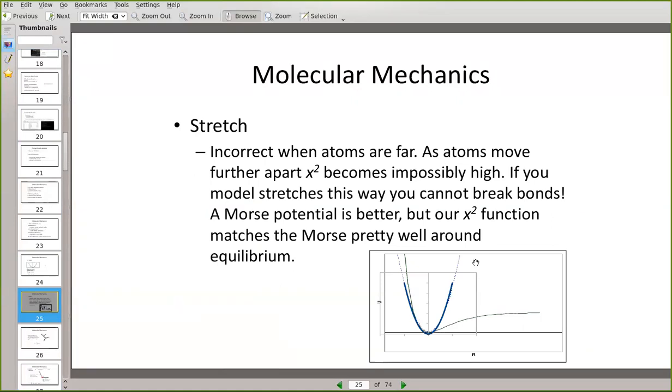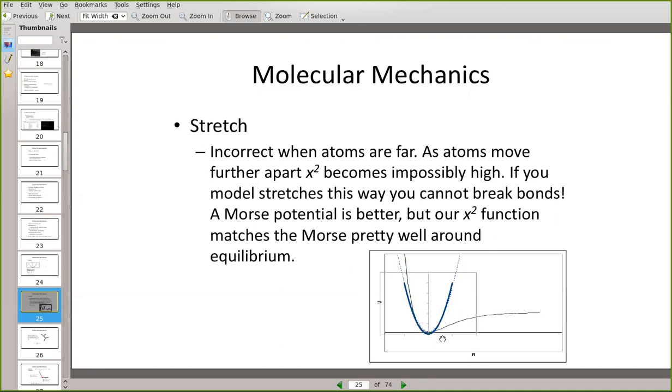But is it really that bad? Because normally we're interested in molecules where everything is close to equilibrium. We're interested in the lowest energy conformation of a molecule, and that doesn't have atoms far away from equilibrium. So it's not too bad. When you look at the curve that I had on the previous slide, with the more familiar Morse curve that you're probably familiar with, showing how atoms behave in relation to each other, you'll see that right close to equilibrium, there is a match.